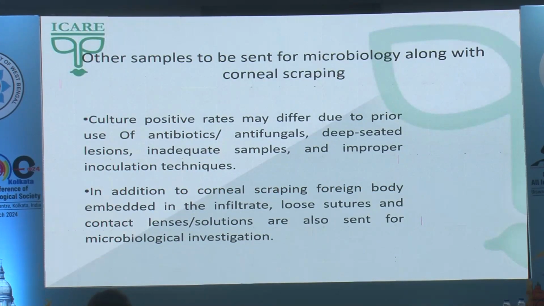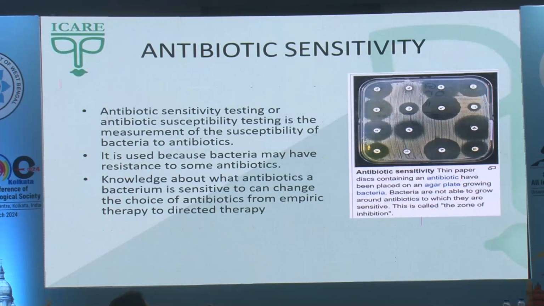Culture positive rates may be low because of prior use of antibiotics and antifungals, deep-seated lesions, inadequate samples, and improper inoculation techniques. In addition to corneal scraping, a foreign body embedded in the infiltrate, loose sutures, and contact lens solution should also be sent.